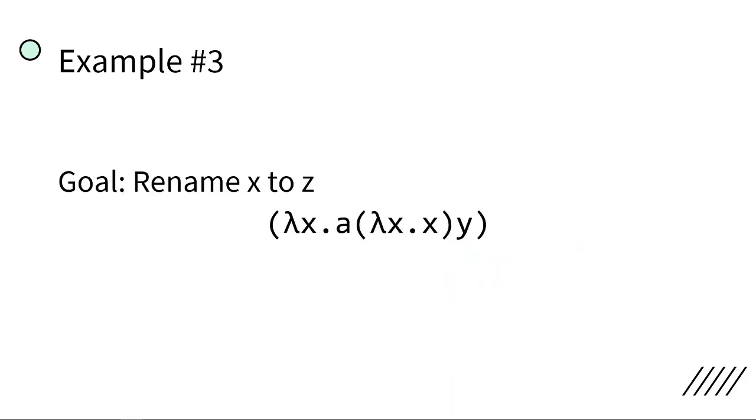Example number 3. Let's rename x to z. So which variables here will we change? This 1 or this 2 or both of them?